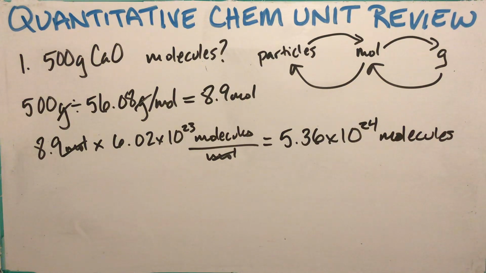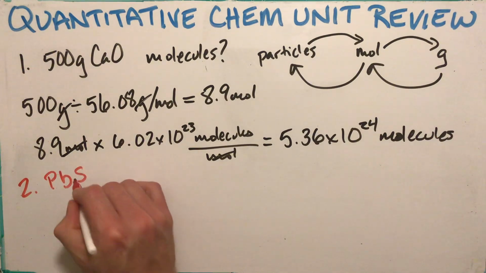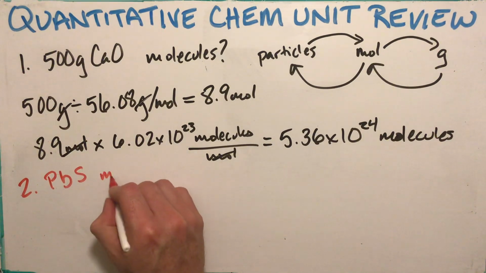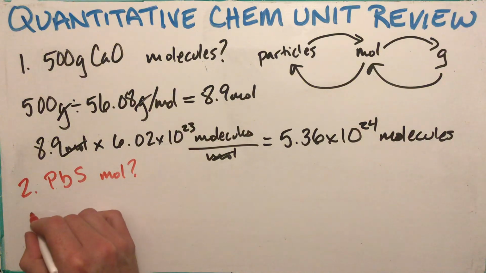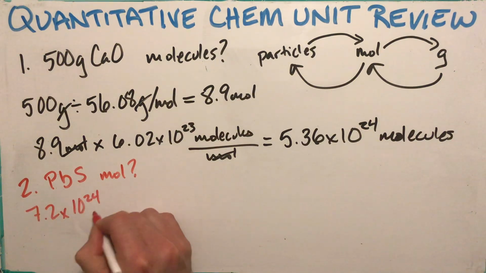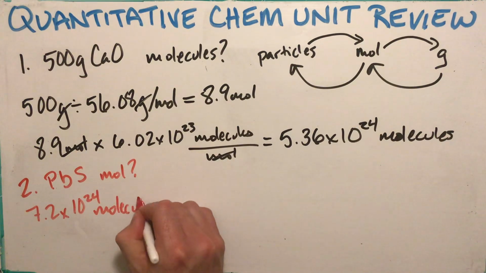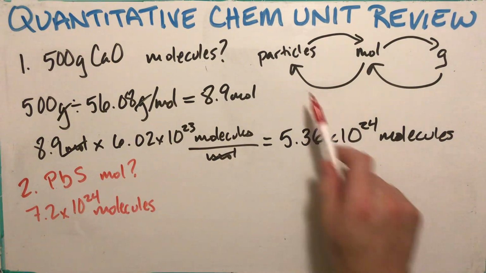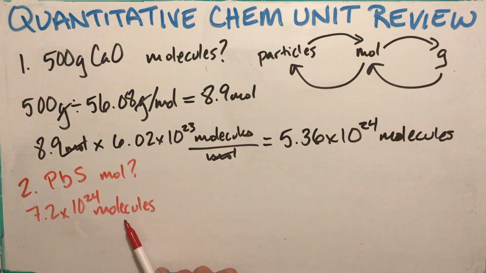I'll do number two as well, in a different color. Number two is talking about lead(II) sulfide and how many moles of it you have if you have 7.2 times 10 to the 24 molecules. Again, we're given a type of particle. The type of particle is a molecule.